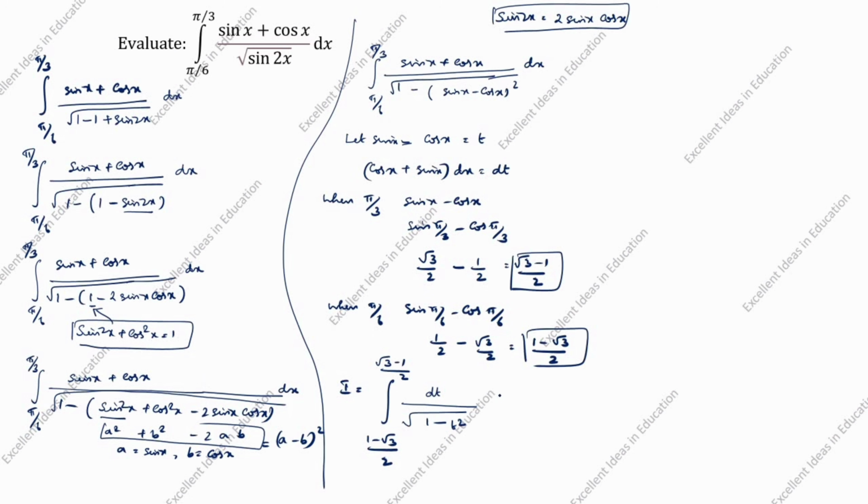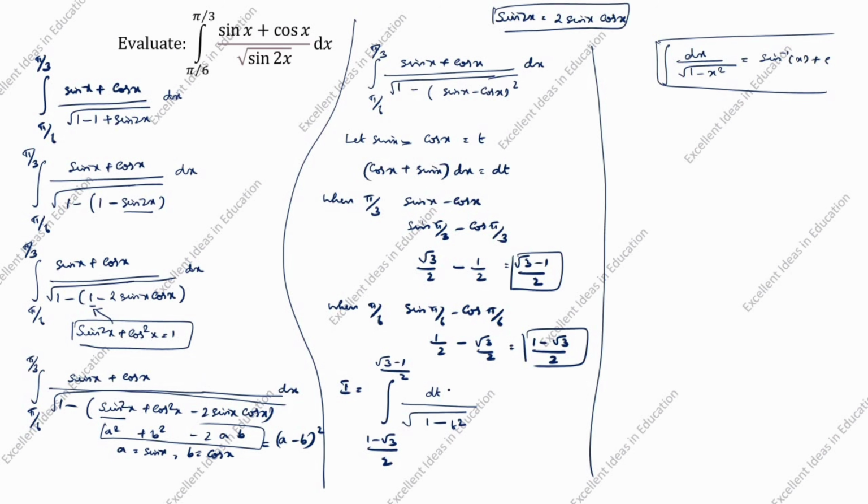Next, integration of dx divided by root of 1 minus x square is equal to sin inverse of x plus c. This is the formula. You see here, dt divided by root of 1 minus t square. This one, how will we write? I is equal to sine inverse of t, from 1 minus root 3 divided by 2 to root 3 minus 1 divided by 2.